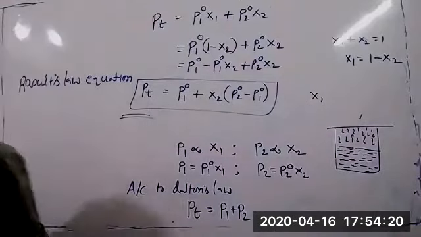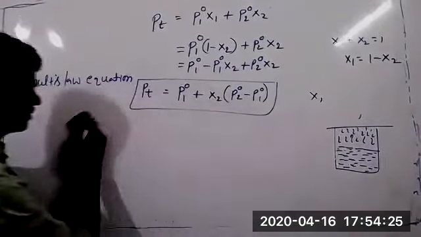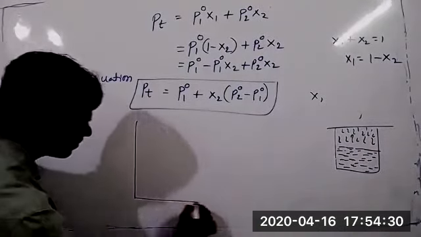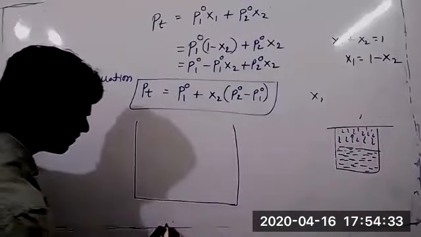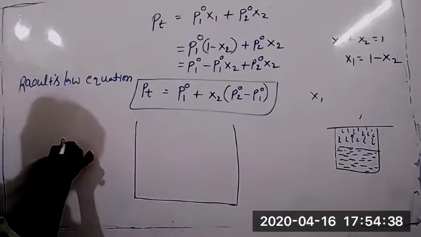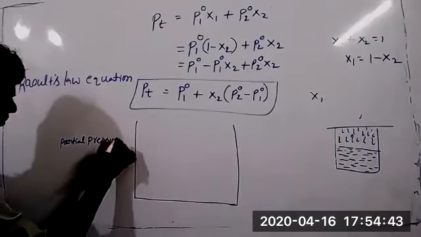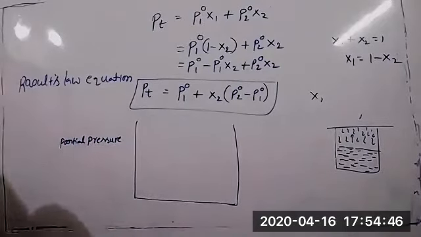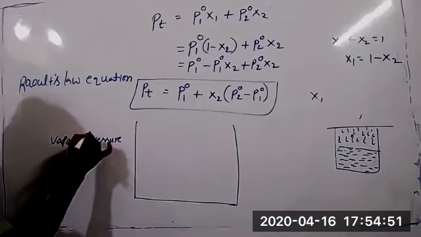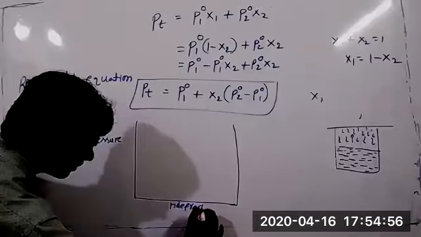Okay. Now see one graph. This side is vapor pressure, and downside is mole fraction.